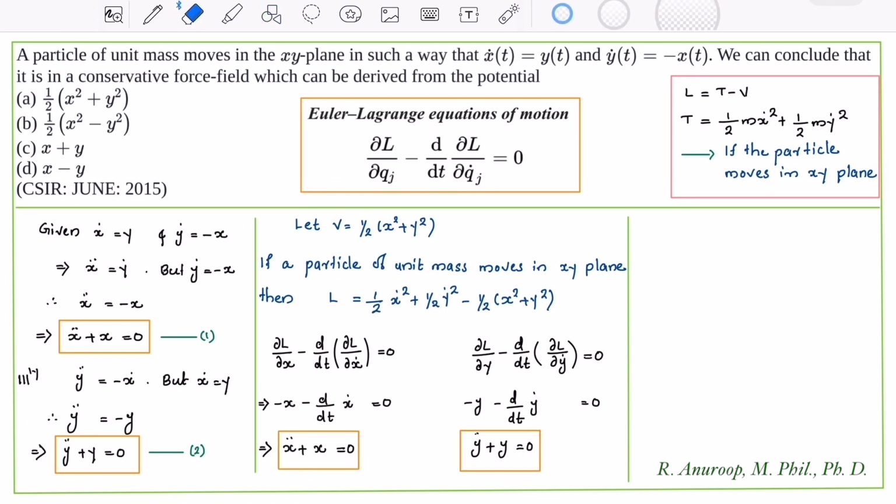That is, if we assume the potential V is equal to half x square plus y square, then the equation of motion is x double dot plus x is equal to 0 and y double dot plus y is equal to 0, corresponding to x dot is equal to y and y dot is equal to minus x, which is given in the question.